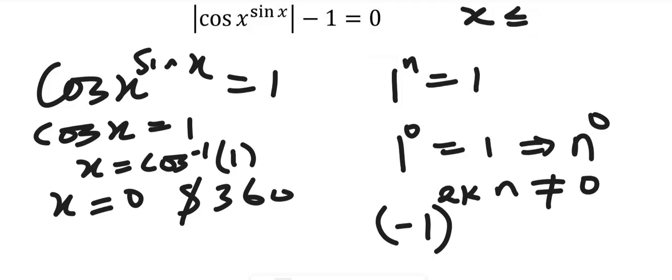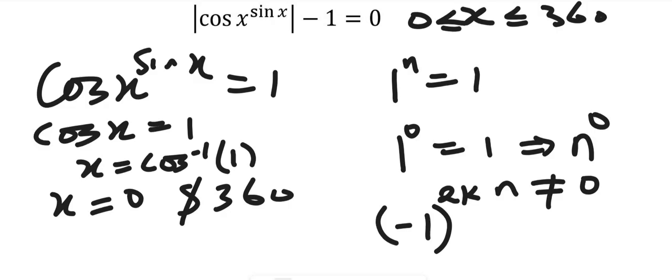My x should be less than or equal to 360 and x should be greater than 0, which implies that 0 is less than x less than or equal to 360. This is the range of the values of x, or domain of the question. So I've gotten x equals 0 or 360.